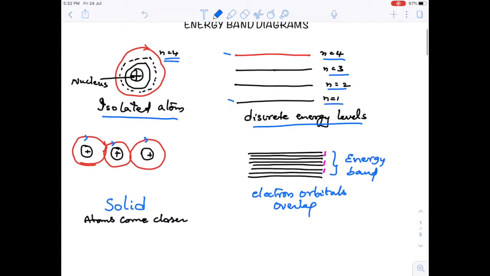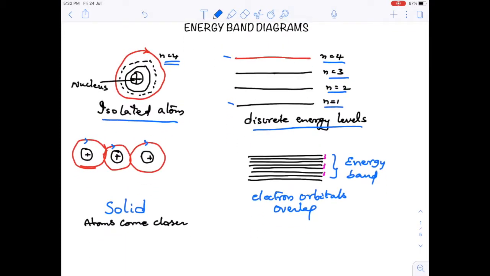Now if we consider a solid, usually an isolated atom does not exist. So solids are aggregates of atoms, which have atoms coming closer together, and therefore these individual orbitals will overlap. There will be interactions, the electron interactions.